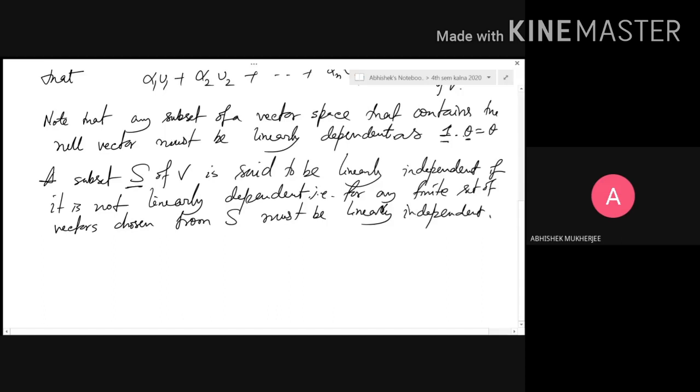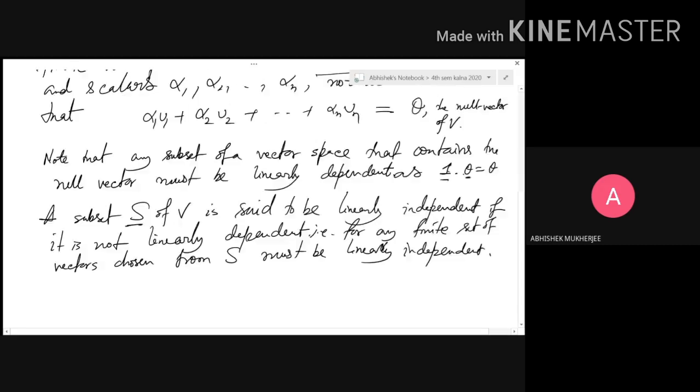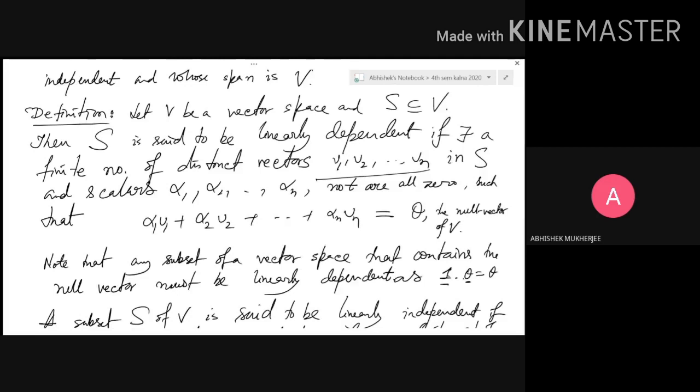Due to the definition of linear dependence, linearly dependent sets must be non-empty, because you must be able to search out some vectors which are linearly dependent.